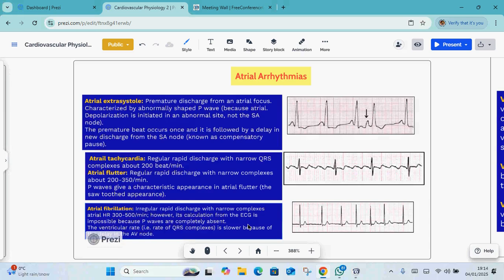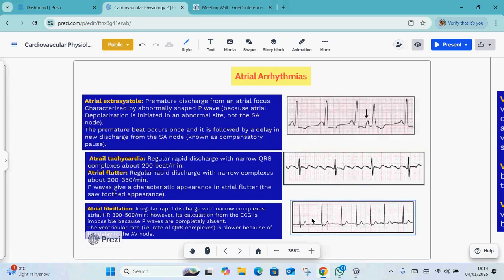So atrial arrhythmias: it can be an abnormal P wave, which is called atrial extrasystole, or rapid P waves more than 200, which is called atrial tachycardia. When it is very rapid, ongoing continuously, more than 300, more than 200, with a seesaw isoelectric line, this is called atrial flutter.